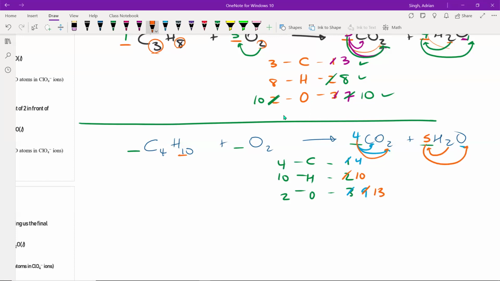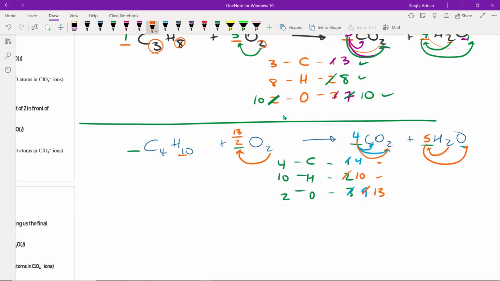Okay. So I balance my C's, balance my H's, and now my O's, I need to balance it. So now I need to make 13 O's on the left side, and 2 times something has to give me 13. Okay, well, a simple way of saying that is, well, what is 13 divided by 2? And we can actually use that 13 over 2 over here.